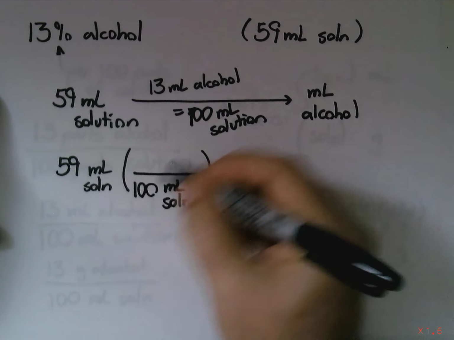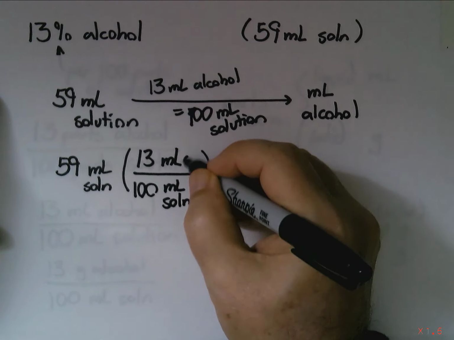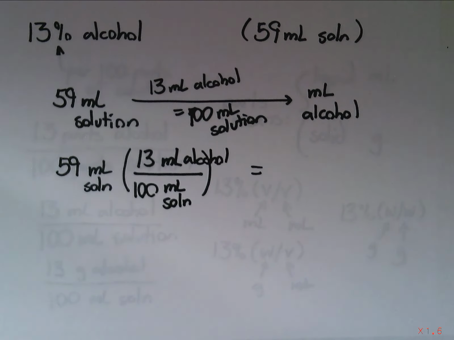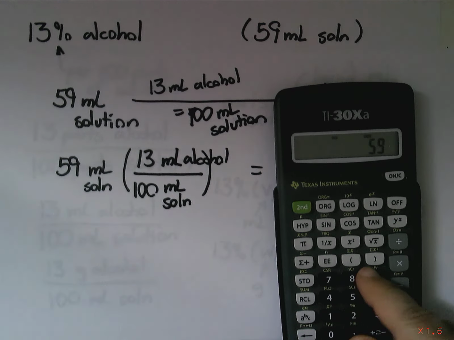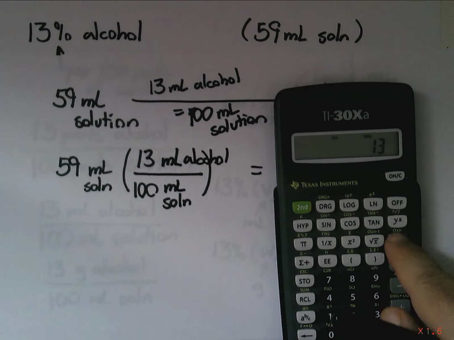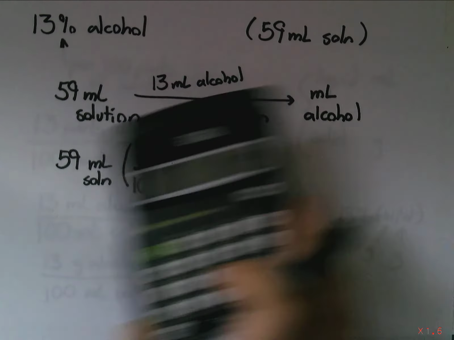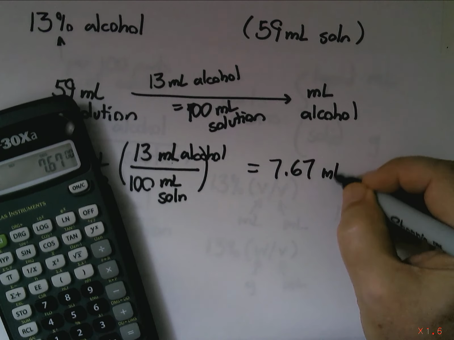There's 100 milliliters of solution, and there's 13 milliliters of alcohol on top. So I can pick up my calculator and just grind that out. 59 times 13 divided by 100 gives me 7.67 milliliters of alcohol in the jar.